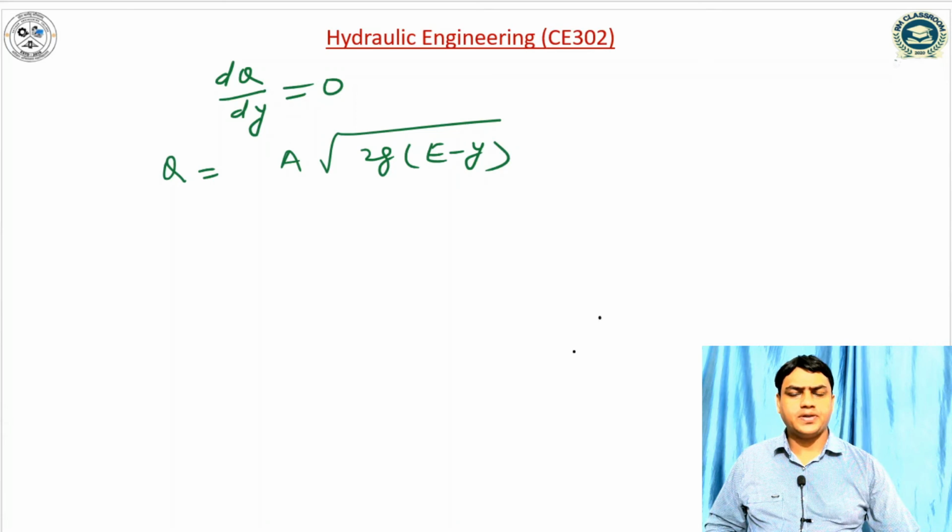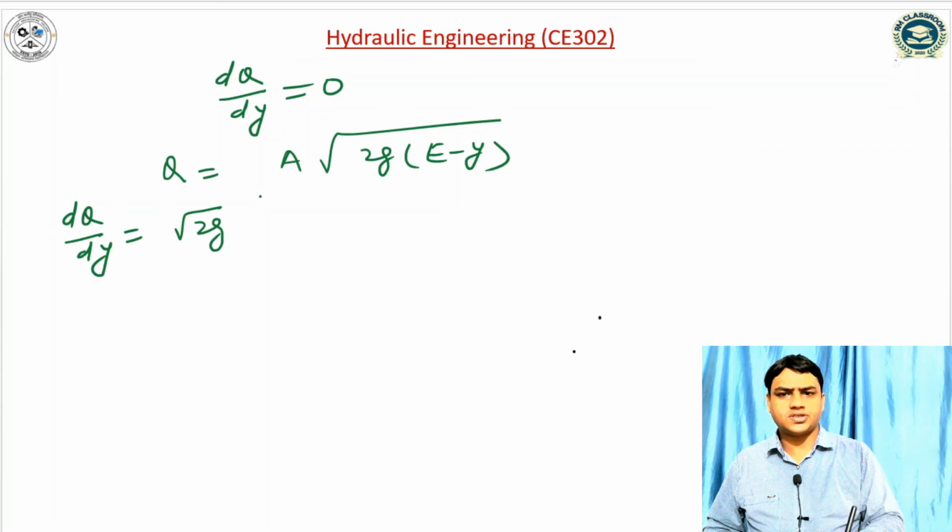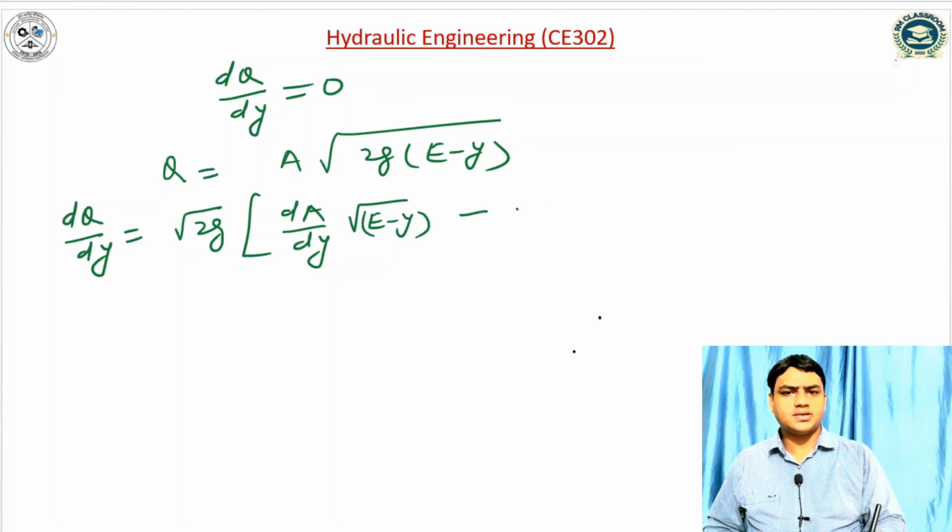If I compute the value of dQ by dy, the square root of 2g is constant. So we can write dA by dy into the square root of E minus y, minus A into 1 by 2 into the square root of E minus y, is equal to 0.